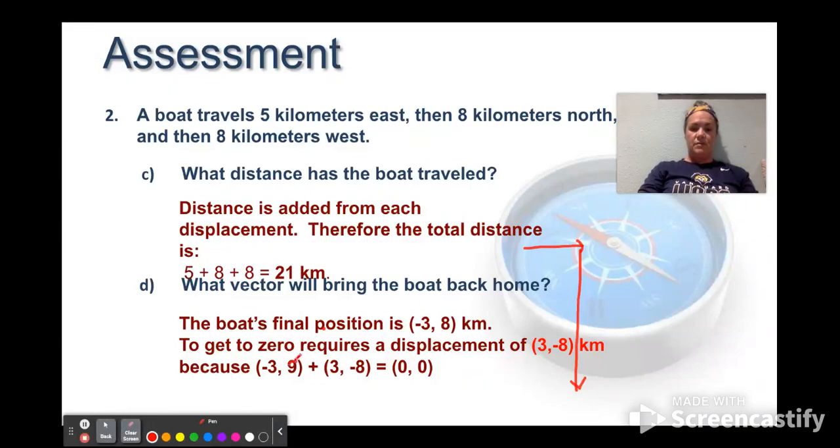I just have a typo here, and I'm going to fix this. Because its final position is -3 and 8, we have to go 3 and -8 in order to get to 0, 0 again.